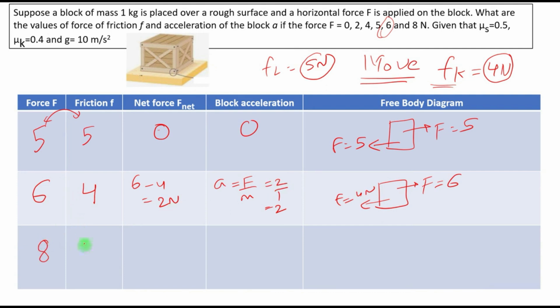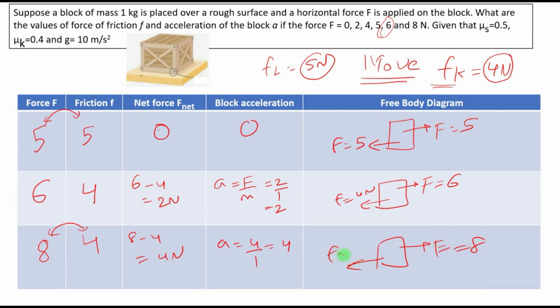Even in this case, as I said, the friction will always remain constant. The difference of these two is 4 newtons, which is the net force, and it will give you an acceleration of 4 meters per second squared. Drawing the free body diagram, F is equal to 8 pointing rightwards and friction is 4 to the left, such that you have an acceleration of 4. In the previous case the acceleration was 2, right?